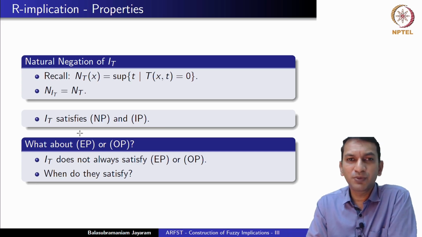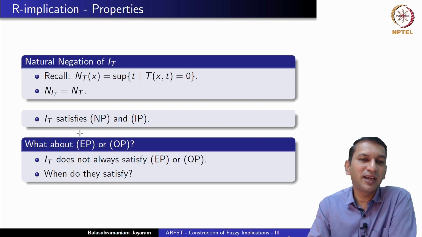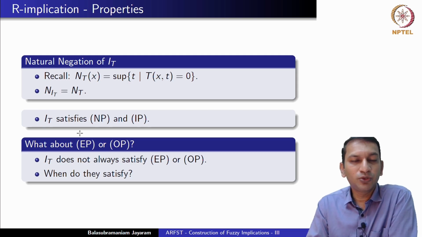In the case of the exchange principle, the jury is still out there. People still work on it. It is not really nailed down. The properties on a T norm such that I_T, the R implication obtained from T, does have the exchange principle. We know that those obtained from left continuous T norms definitely satisfy the exchange principle, but that is not necessarily the case.